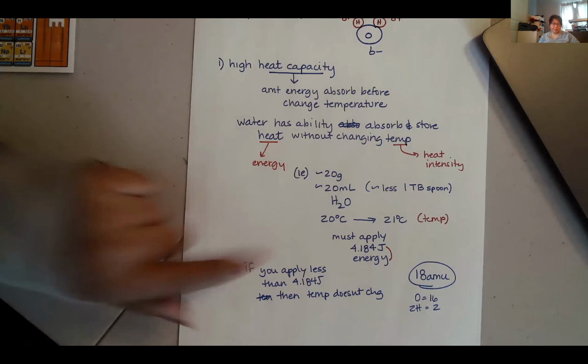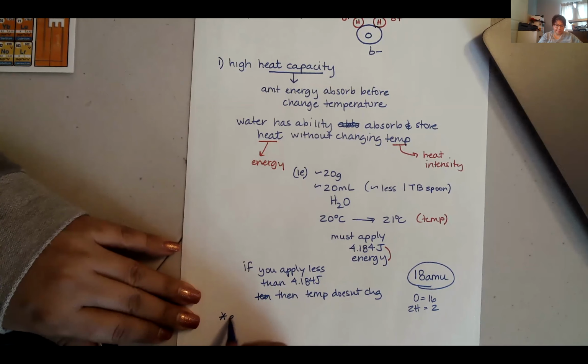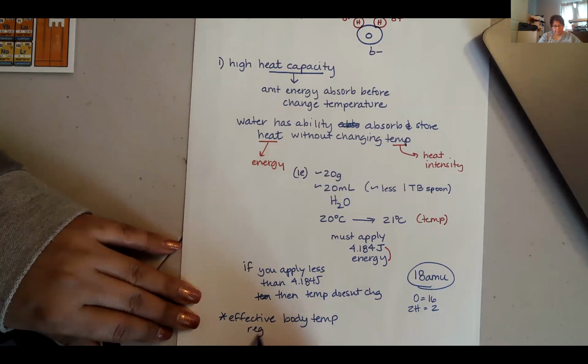And when it does absorb that energy and evaporates, it takes the energy with it. This makes water an effective body temperature regulating mechanism, especially when it comes to cooling via perspiration.